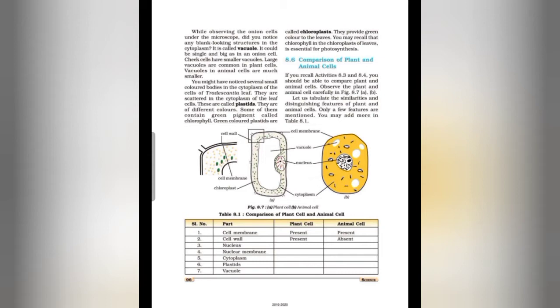And students, in the nucleus there is one structure present, that is called the nucleolus. And in the plant cell, as you can see in figure 8.7a, the nucleus is present at the periphery of the cell due to the presence of a large vacuole.